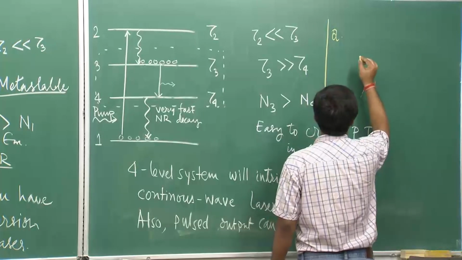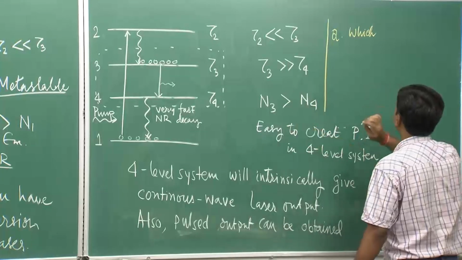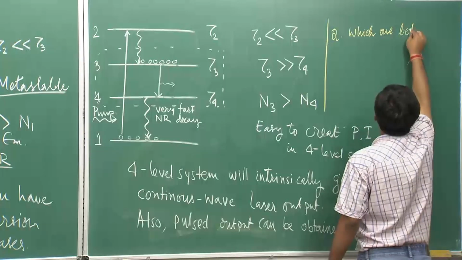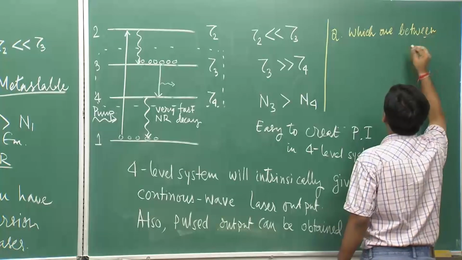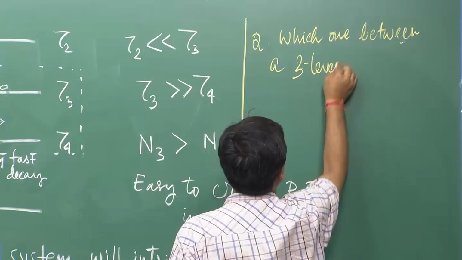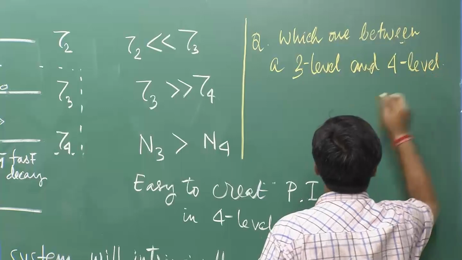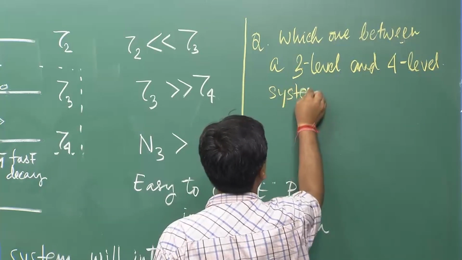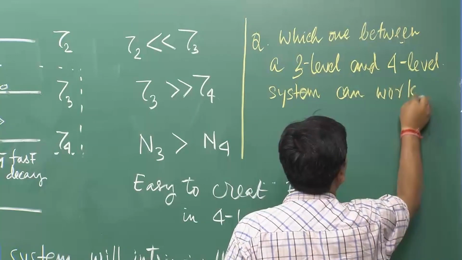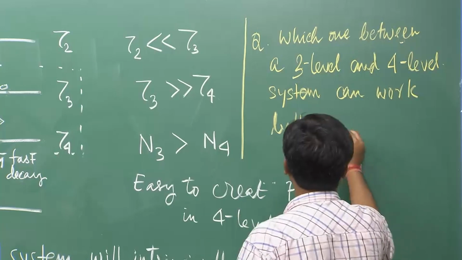So, out of this 3 level and 4 level system, which one can work better or more efficiently as a laser?